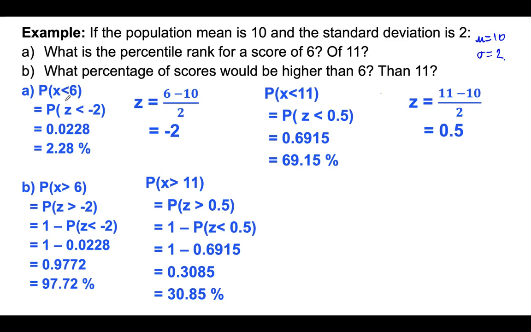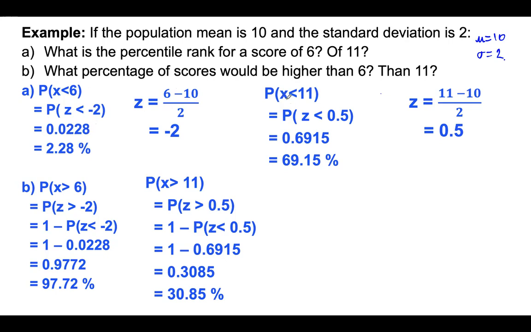We can translate this into a Z score. X gets transformed to Z: 6 minus 10 divided by our standard deviation 2 is negative 2. We can look this up in the table, negative 2. I'll let you check these numbers, which is 0.0228, and multiply it by 100.